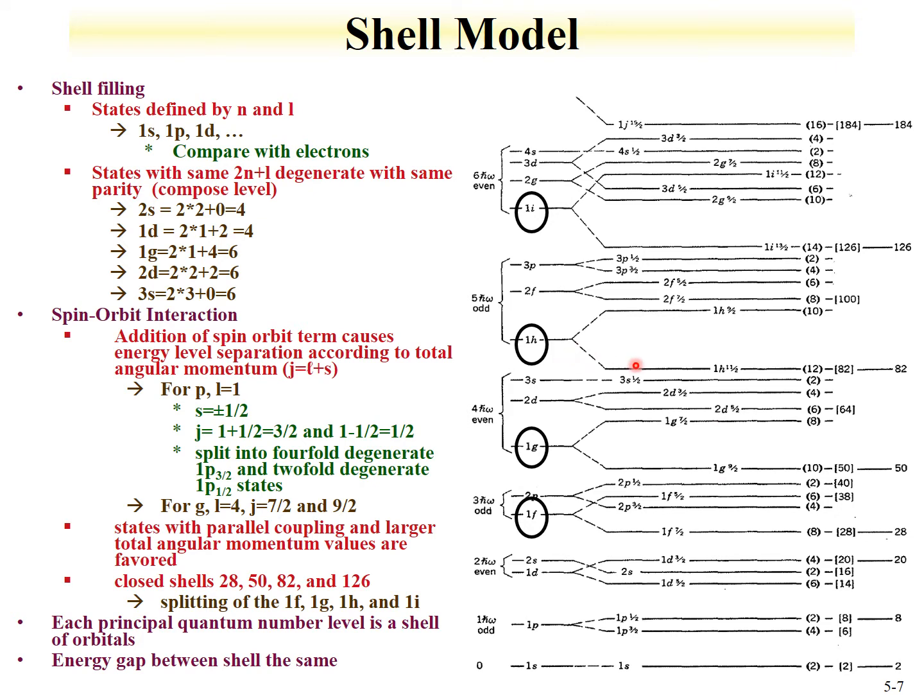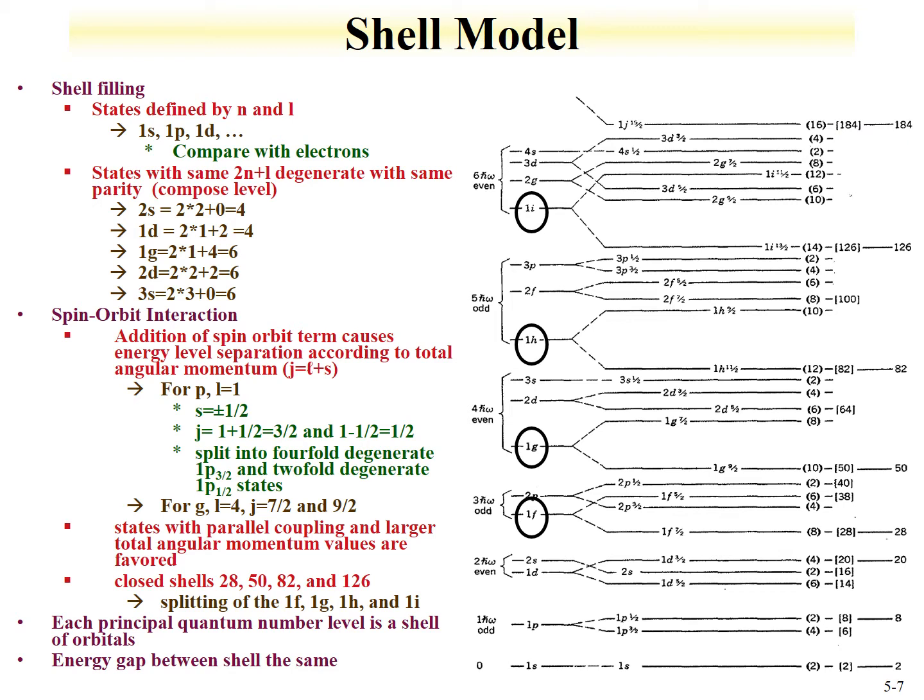Same thing with the 1h. Even the 1i is at the gap that defines the shell, that defines magic numbers. And we see the 1j here defines the magic number of 184.